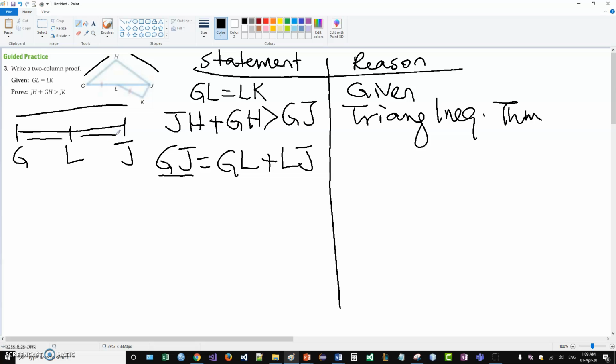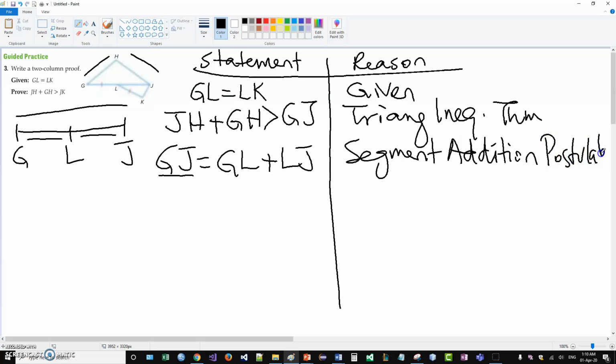And this is called the segment addition postulate. I never heard of it before, but it's easy to figure out.